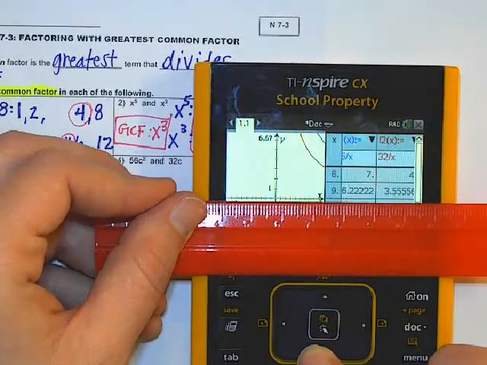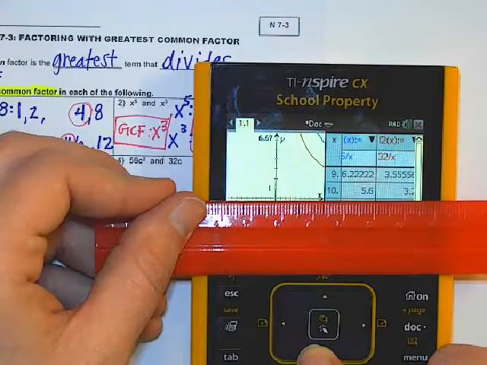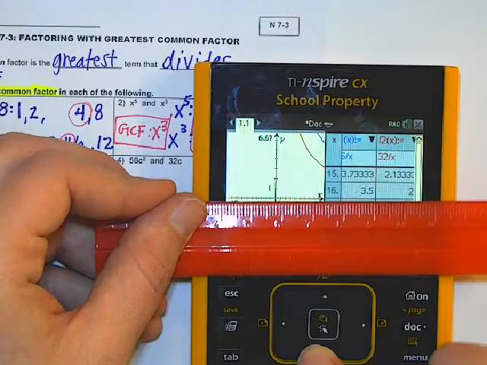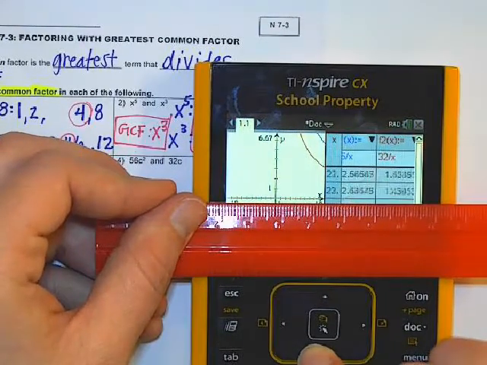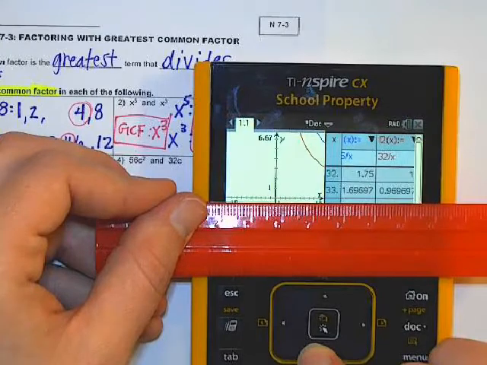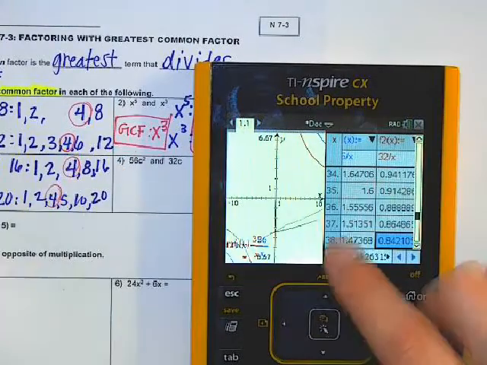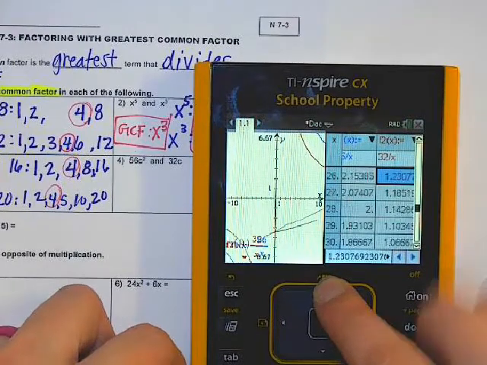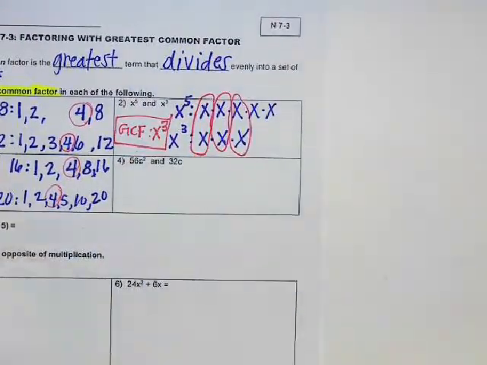Does 9 work? 10? Decimals, 11, decimals, 12, decimals, 13, 14, 15, 16. Okay, and I don't have another one that has 2 whole numbers. So what was my GCF? 8 was the highest number that had whole numbers in both columns.